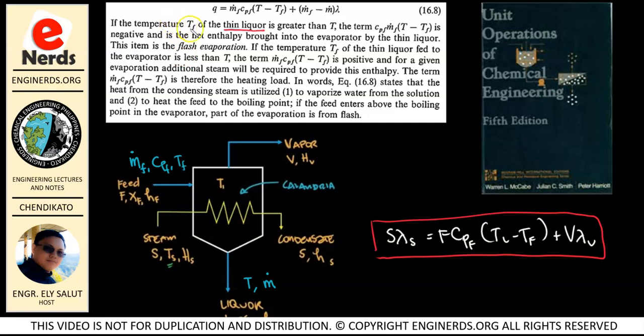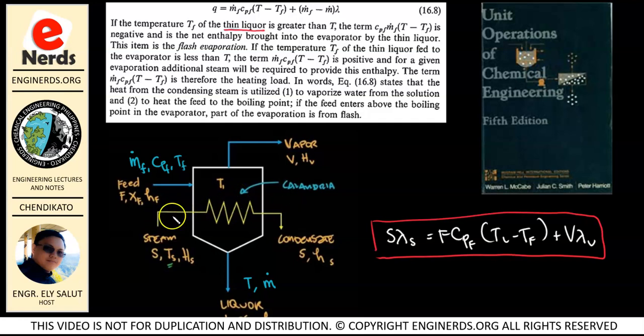So if our TF is greater than T, so in this case, what we mean is that if our TF is greater than our TL, okay, so mas mataas yung temperature ng ating feed kumpara sa temperature ng ating L, so you can just imagine that mas mainit itong ating feed kumpara dito sa heat na naandito sa ating evaporator. So, what does it mean?